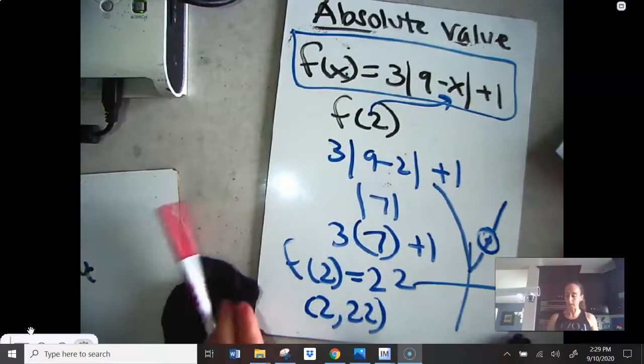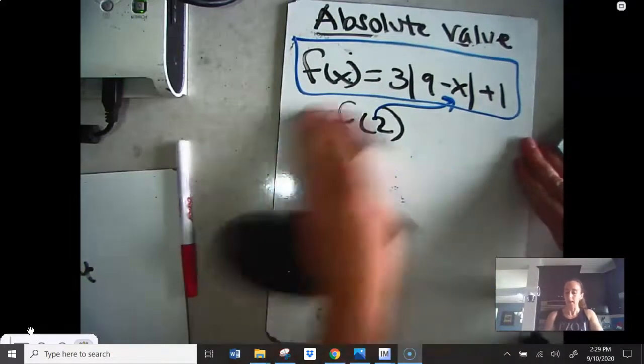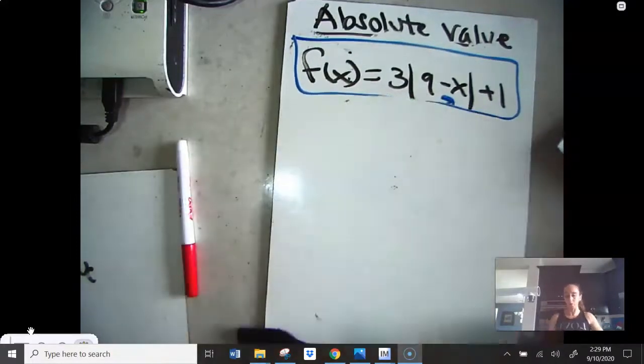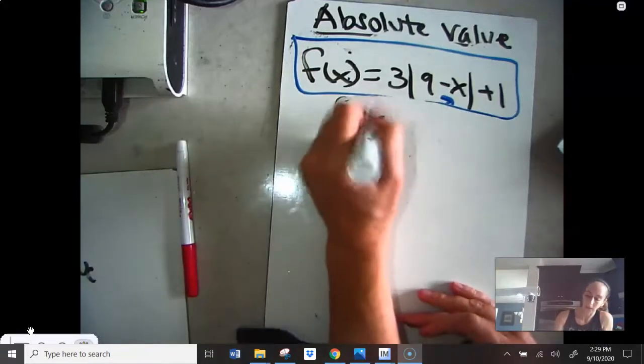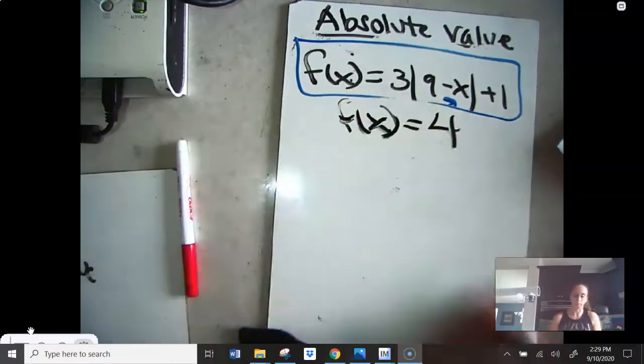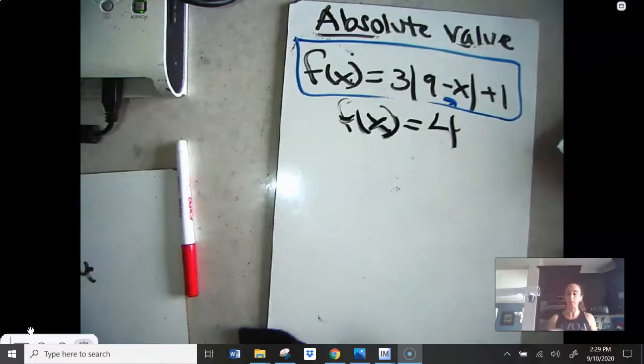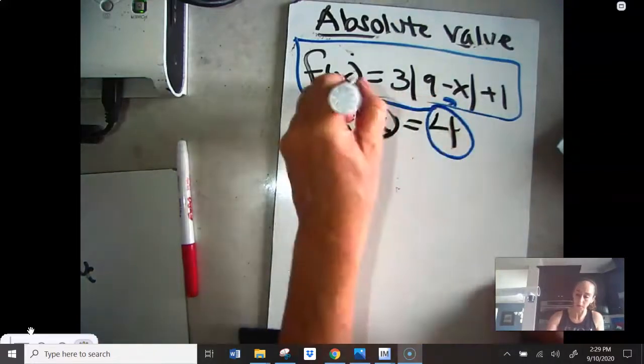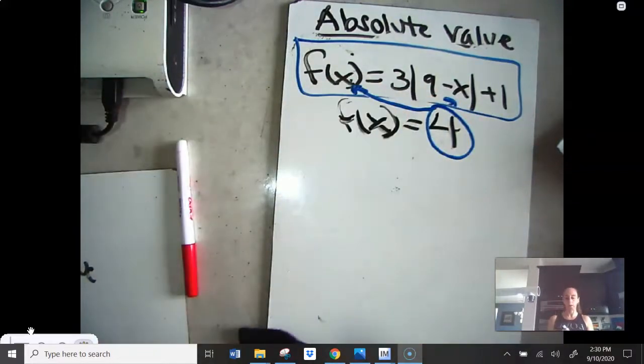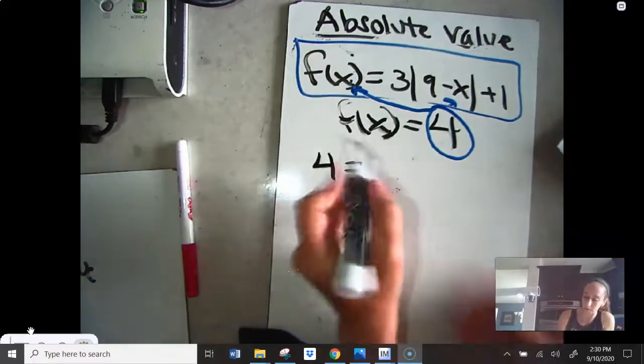What if this time, instead of saying f of 2, I said f of x equals 4. Then this time I would take the 4 and I would plug it in for y. I know this is a lot. Well, there's a lot we've learned here and we don't even realize how much we've learned.